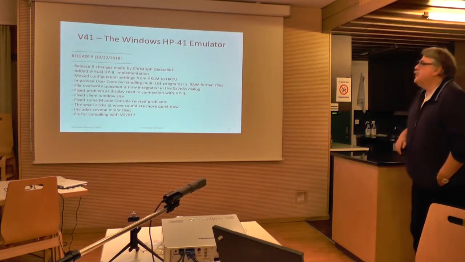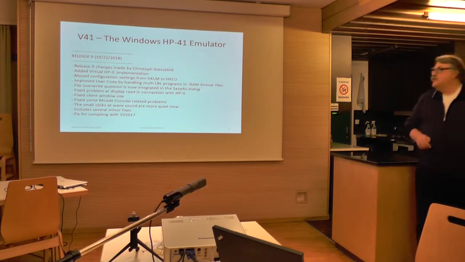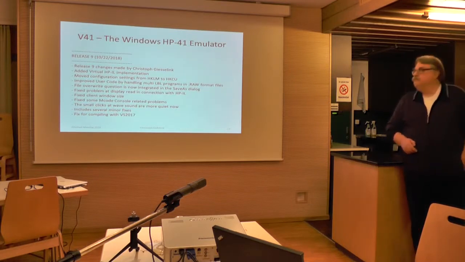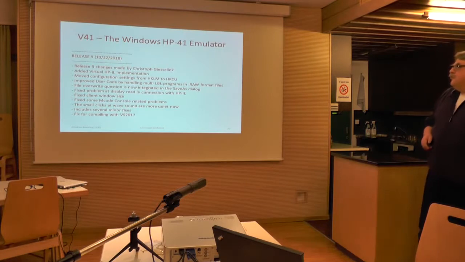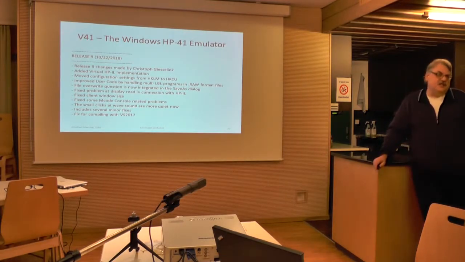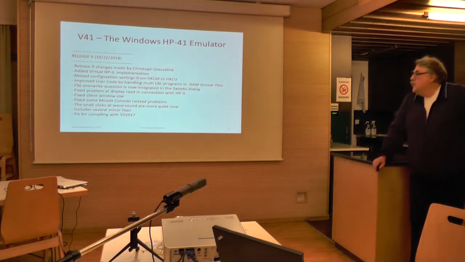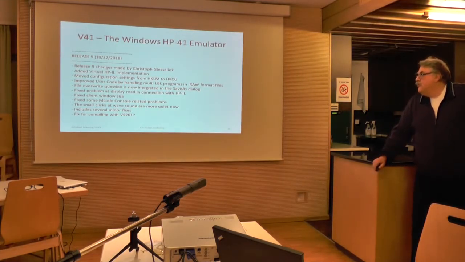So, the release 9 changes made by me. The main implementation is of course the HPIL implementation. I moved the configuration settings from HKEY_LOCAL_MACHINE to HKEY_CURRENT_USER. This had some internal aspects, so it was complicated for some users to get the old version working. Improved the user code by handling multi-label programs and raw format files. Fixed problems at read per display in connection with HPIL.